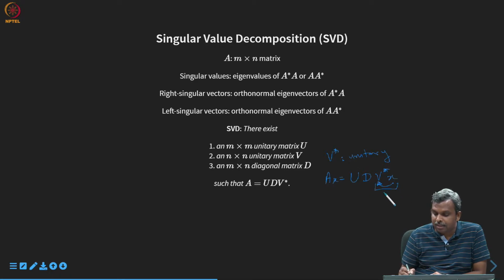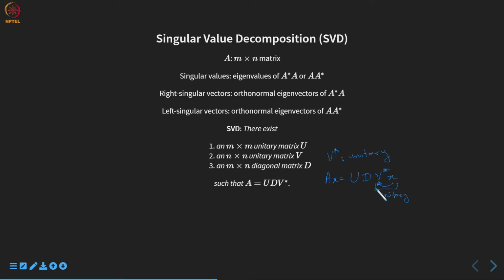And this doesn't change X that much, it's just a unitary transform. Okay, so at this point, the vector V star X is sort of a change of basis to the columns of V.